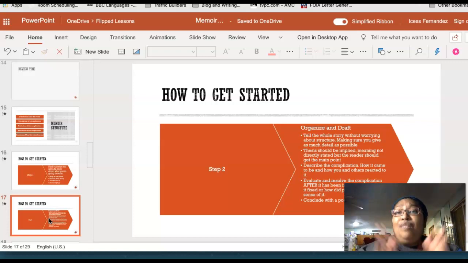It doesn't need to be perfect. Please don't think that the first thing you write about this memoir is going to be perfect. It's actually going to be awful. Embrace the awfulness because from awful comes good. And so you write everything down and try to understand what you're writing. It's going to make everything after that so much better.